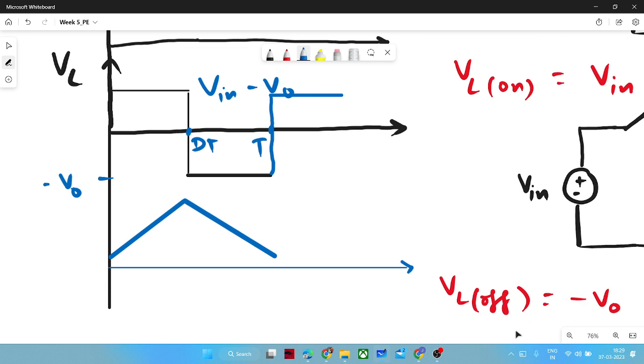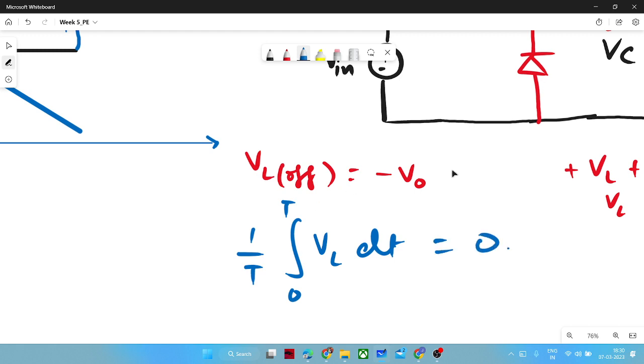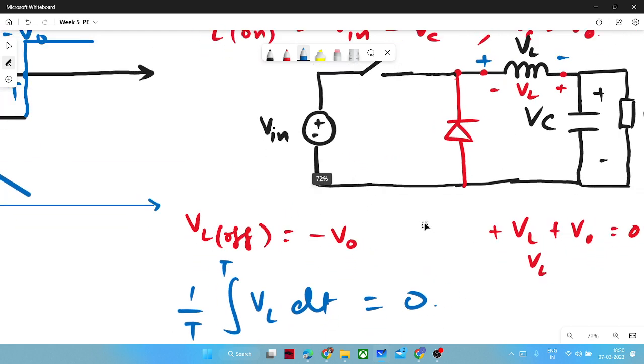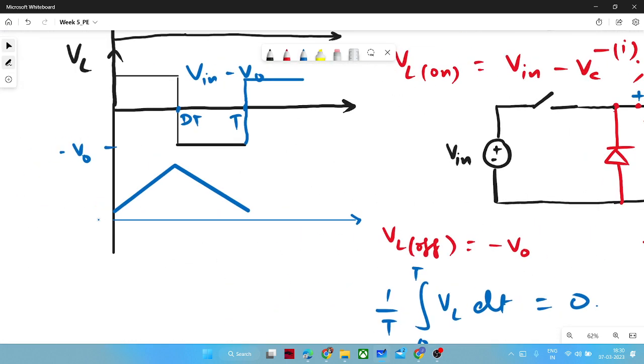As we know, the average voltage across the inductor in one time period will be zero. I don't think there should be any doubt in this statement, and this thing should repeat after every time period.